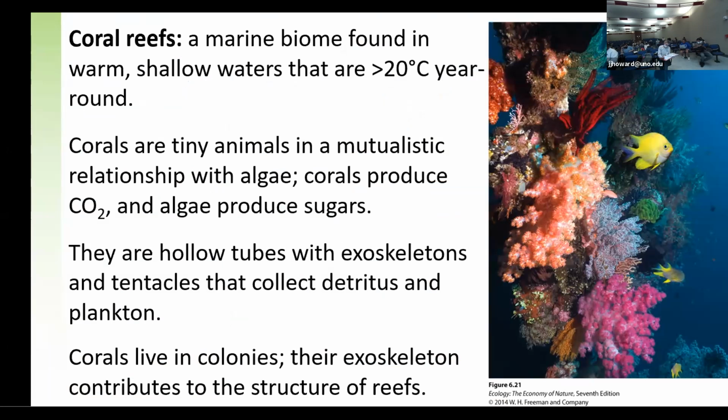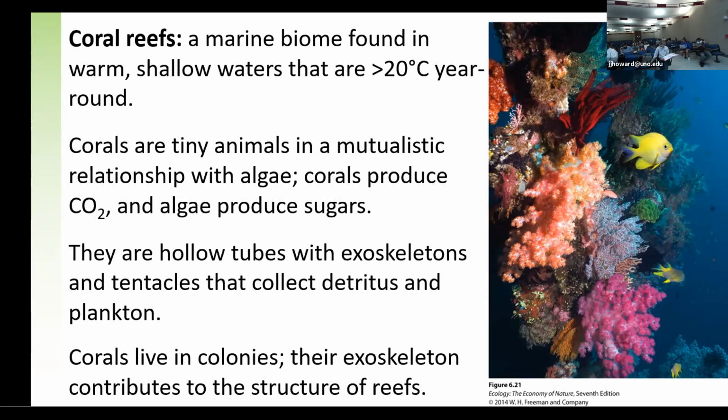Because they're built by animals that harbor plant symbiotes in their tissues. The plant symbiotes do photosynthesis. They give the animals some nutrients, and the animals capture raw materials for them, like dirt, crud, that they can break down and turn into nutrients.